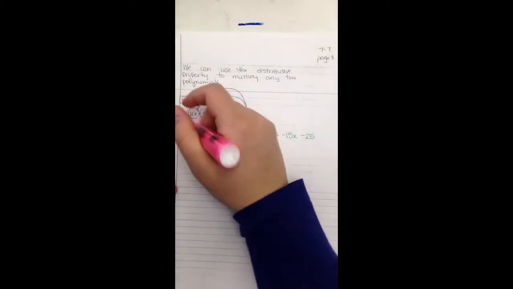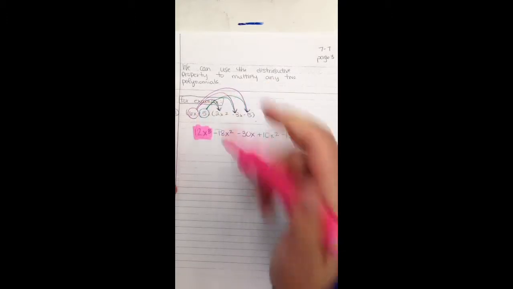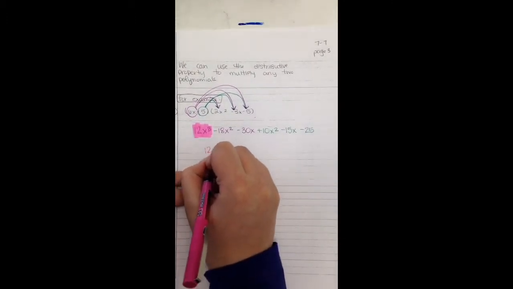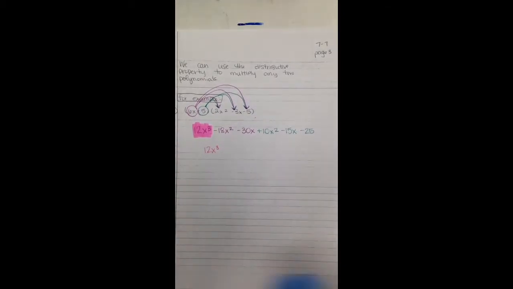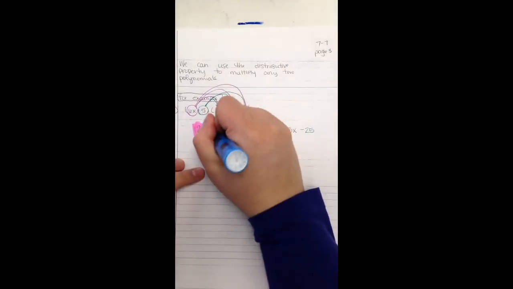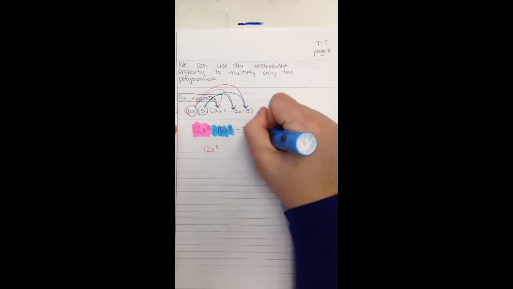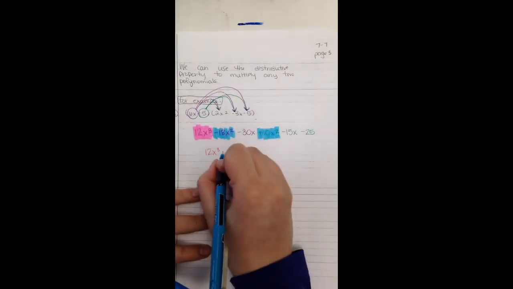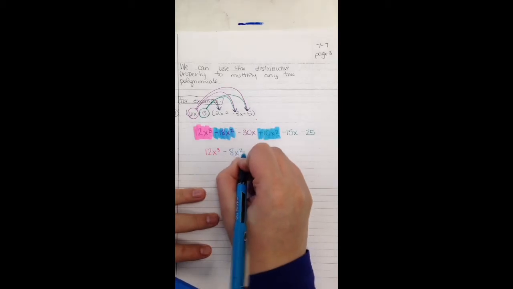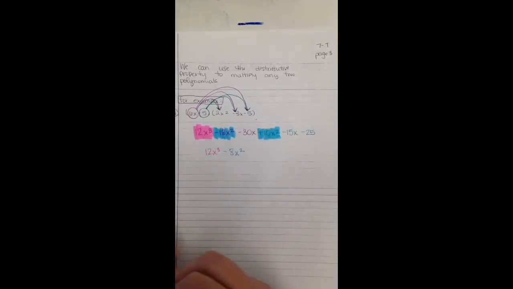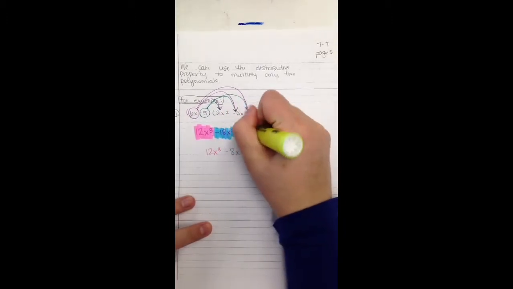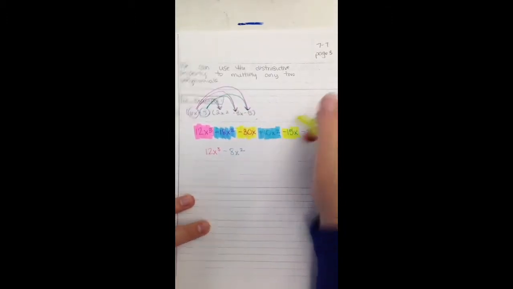So I'm going to say that 12x cubed, there's no other x cubes, so it stays the same. Then I'm going to take the negative 18x squared and the positive 10x squared and combine them, and I get negative 8x squared. Then I have negative 30x and negative 15x, combine them.